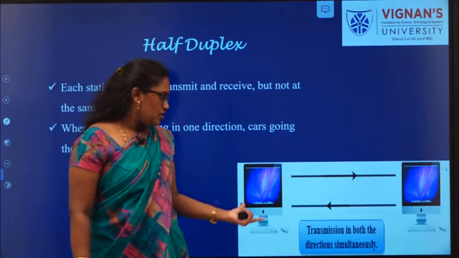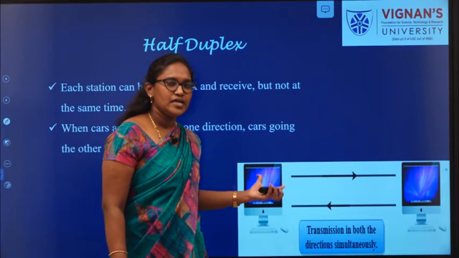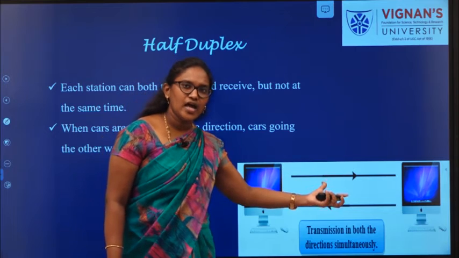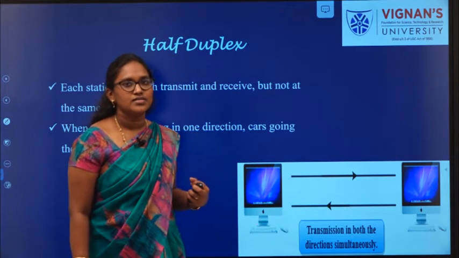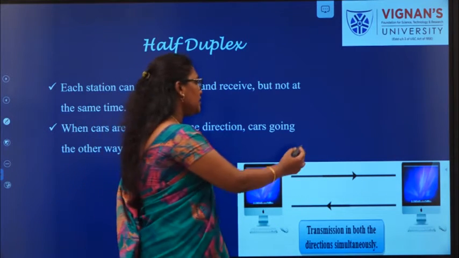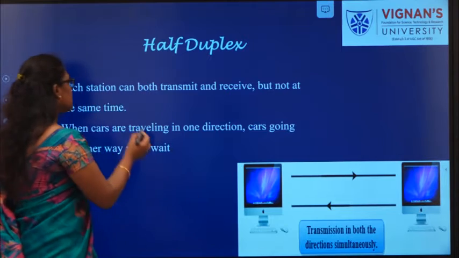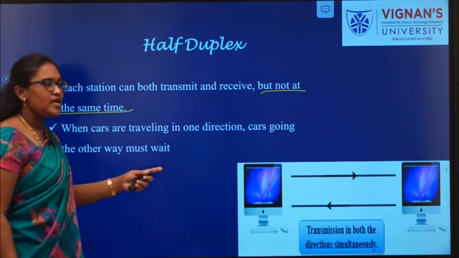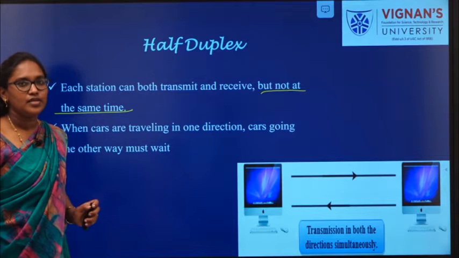So here half duplex means sender and receiver will be there. Both sender can send the data as well as receiver can send the data. But one thing you have to remember is, not at the same time. At the same time you cannot forward the data.